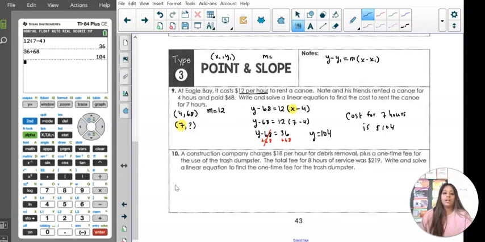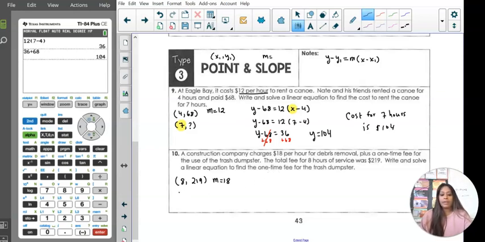Write and solve. Okay, so it looks like for 8 hours it costs $219, and then I have a slope of $18. Okay, so basically what it's asking for is to find the one-time fee.